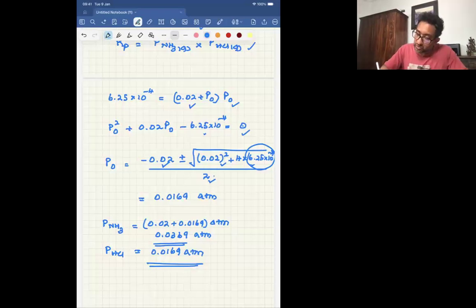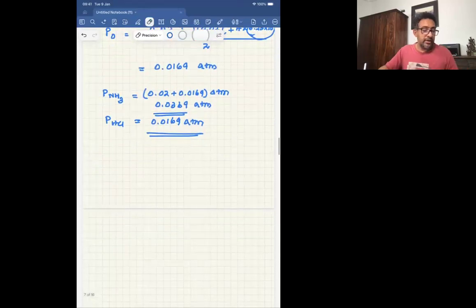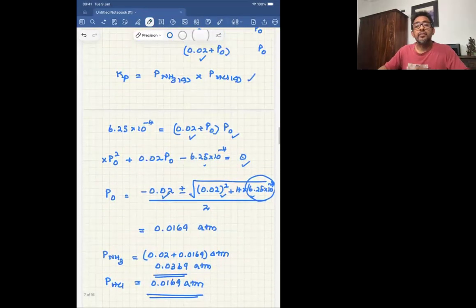It is 2A, but the A is 1 here, it's over 2 divided by 2. There is no problem. I have used the wrong value for the Kp. Is it clear? Question number 42. Did you understand that? Everyone?